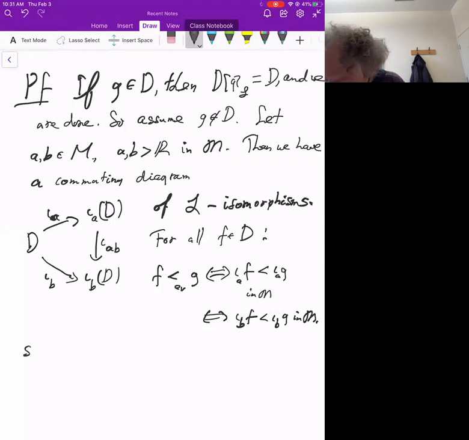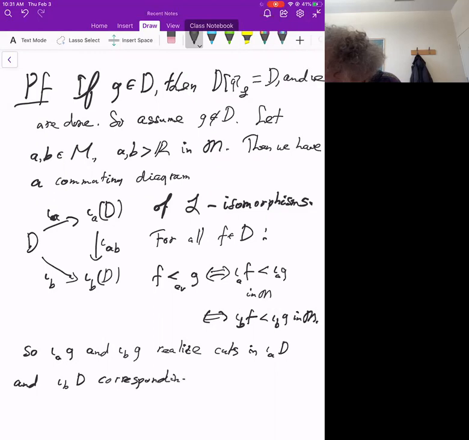So iota a g and iota b g realize cuts in iota a D and iota b D corresponding under the isomorphism between them.